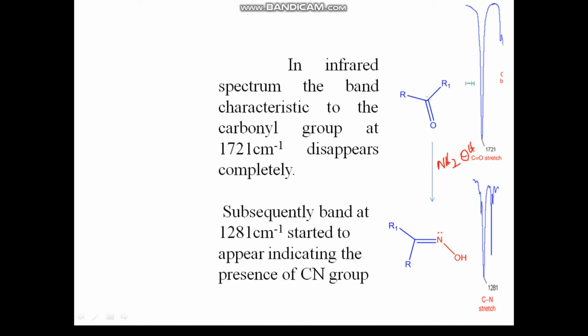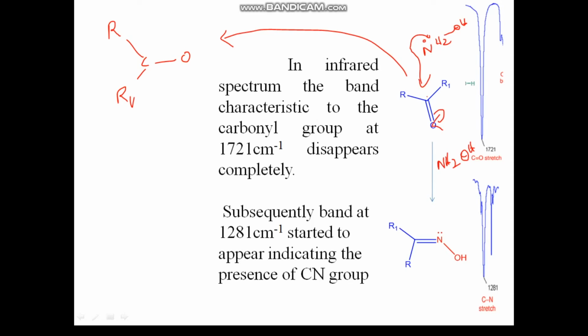Probably I would say that NH2OH attacks this carbonyl group here, pushing this O. So that can be drawn over here: R, carbon, R1, and here O with minus, where this NH2OH would have attacked.